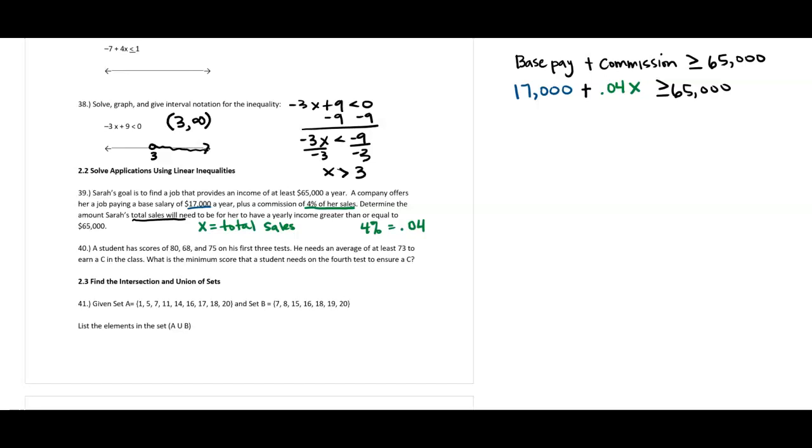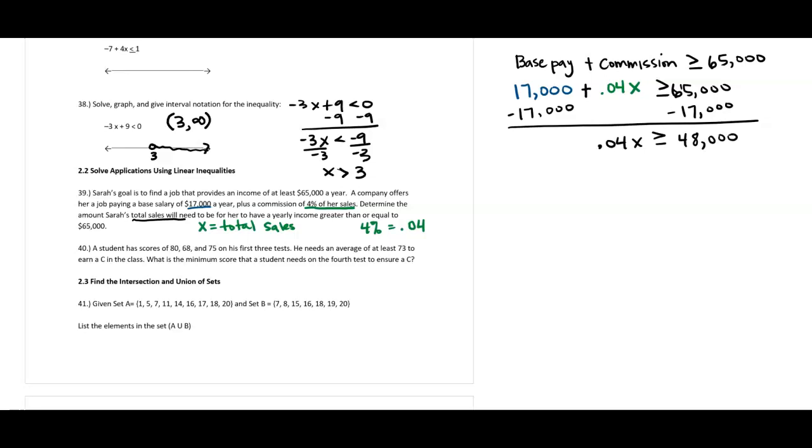Right? And of course, on these word problems, usually the setting it up is the toughest part, but break it down a little bit like this. So I'll subtract the 17,000 over. And then 0.04x is going to be greater than or equal to 48,000.